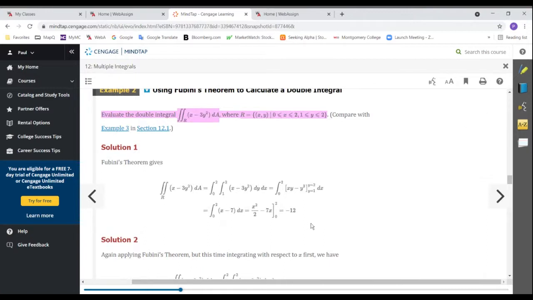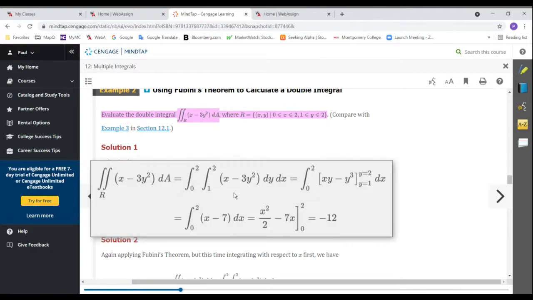The inner integral is with respect to y. So just like when you take the partial derivative of a function with respect to y, you hold all the other variables constant. When you do the inner integral, the integral from 1 to 2 of x minus 3y squared dy, you're going to hold the x constant.